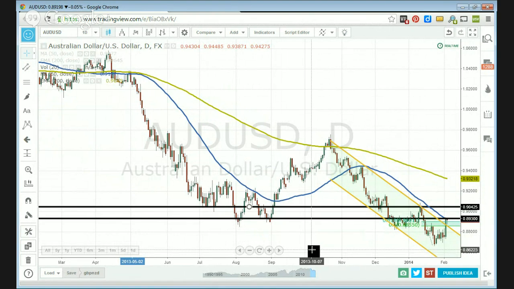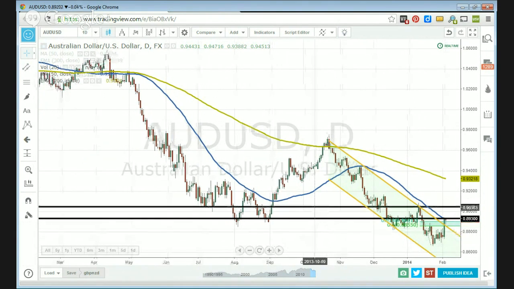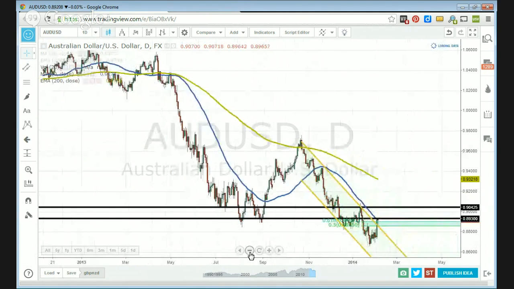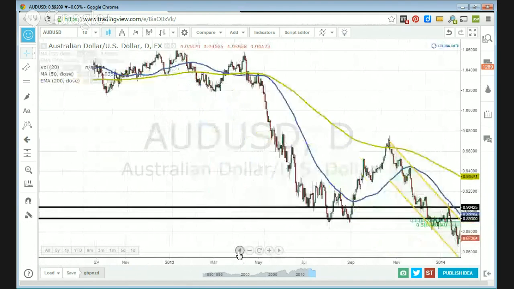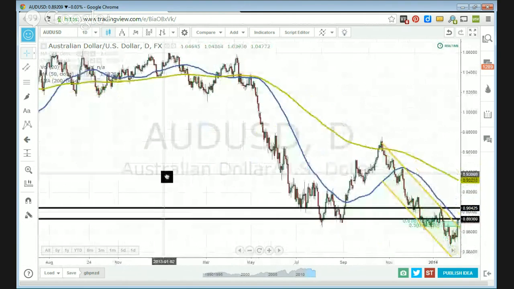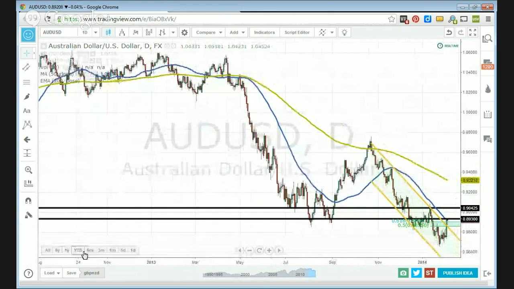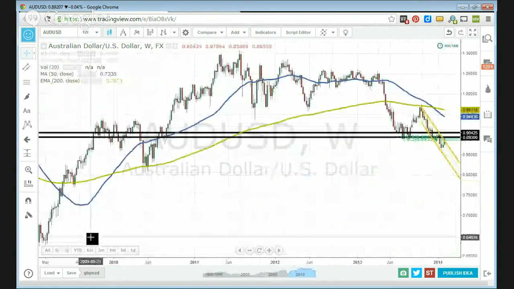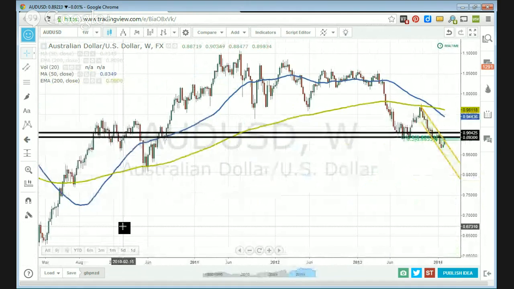Yeah, this is just trying to. Okay, I think we could target right. Let's actually zoom out a little bit. Go to a 5-year. Okay, here's a weekly.